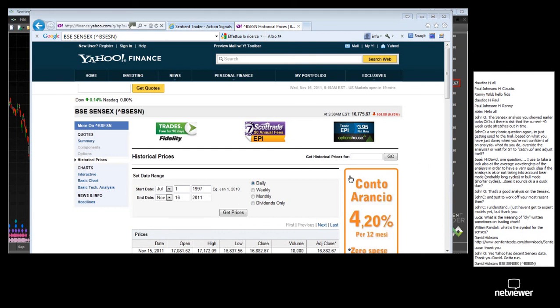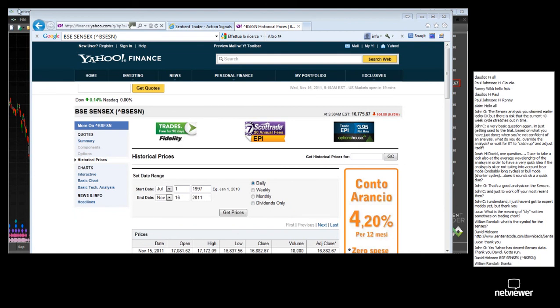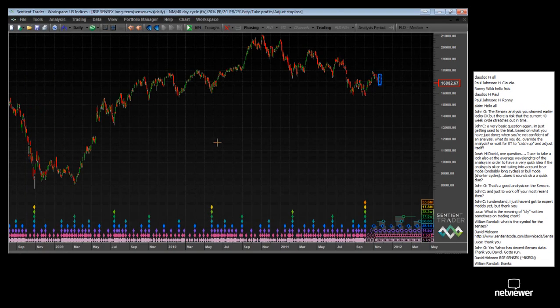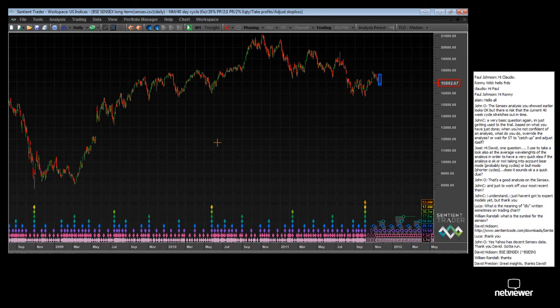In fact, if I just type it in here, I'm sure it will give it to me. Here we go. Yahoo Finance. There's the symbol. In fact, the data I used today, I downloaded from Yahoo Finance, just to have a look.